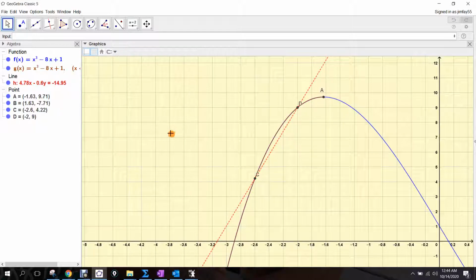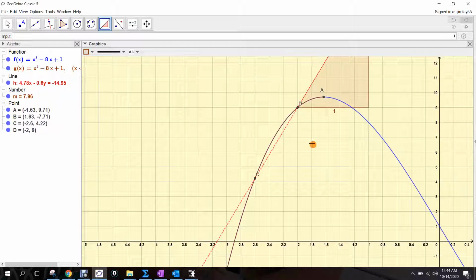Okay. Now here's what we do with calculus. If I look at that line right there, the slope of that line right now is 7.96. So the argument in calculus is that the dotted line is an approximation, a close representation of the slope at D. They estimate one another.